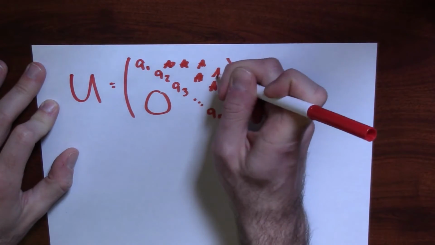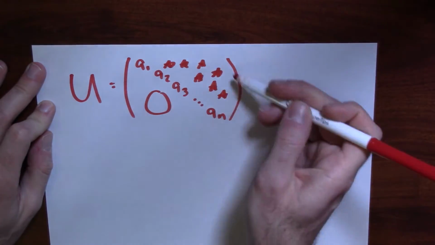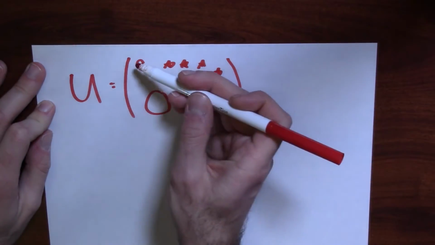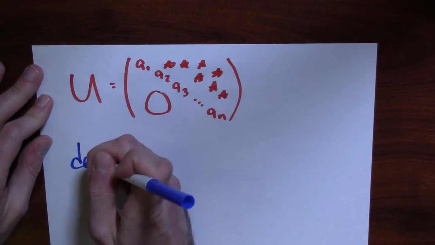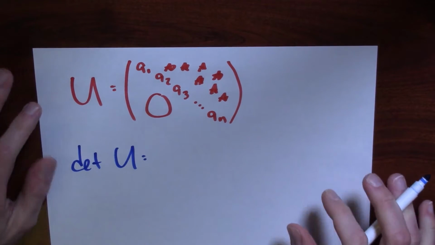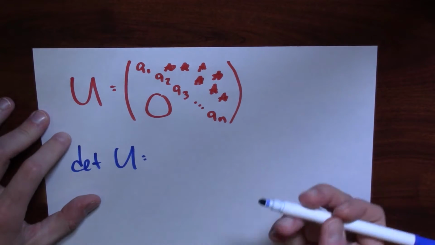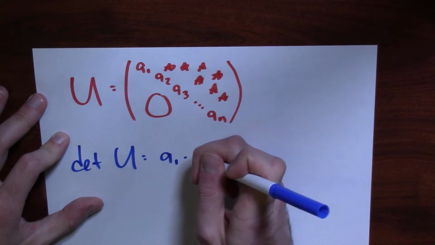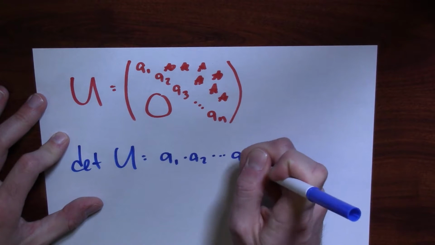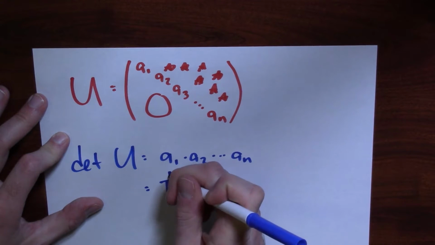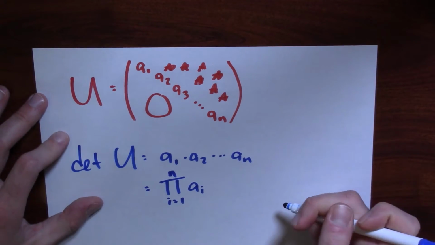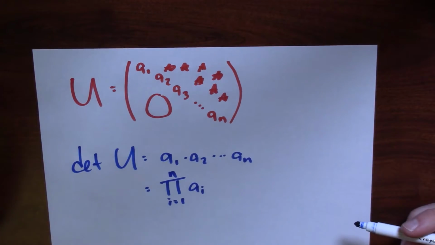I'm not even going to name the elements above the diagonal, but I've got these elements down the diagonal. Well, in that case, what is the determinant of U? It's going to turn out that the determinant of U is, again, just the product of these entries down the diagonal, which, again, I could write as the product, i goes from 1 to n, of A sub i for these entries down the diagonal.